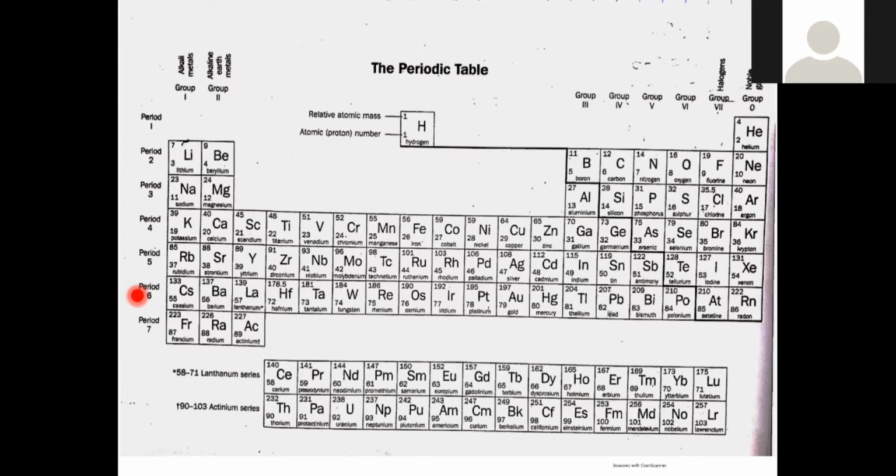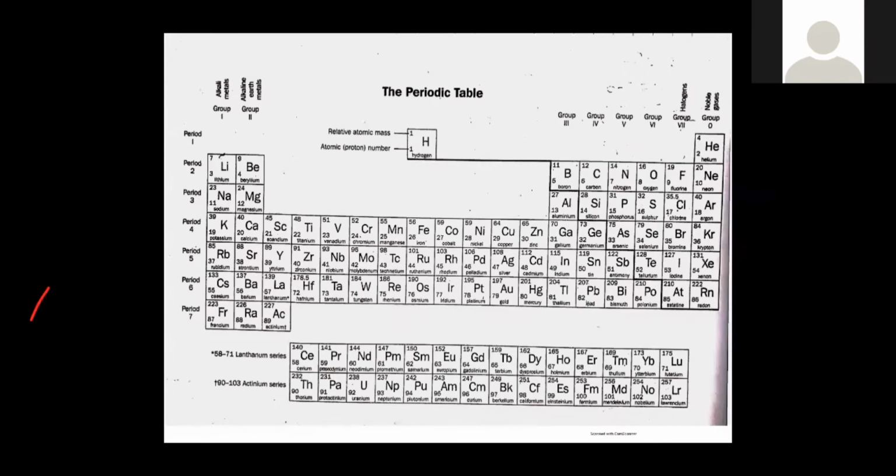Now, when you look at these elements, and they started experimenting with them, they also decided that they could categorize these elements according to certain properties. So they could do it based on ionization energy. Let me write that word on the screen. Ionization energy.